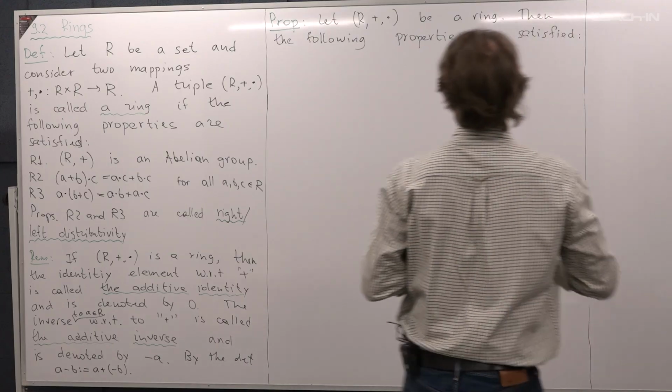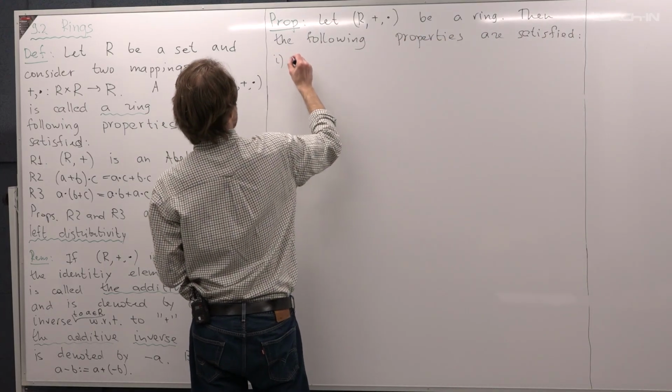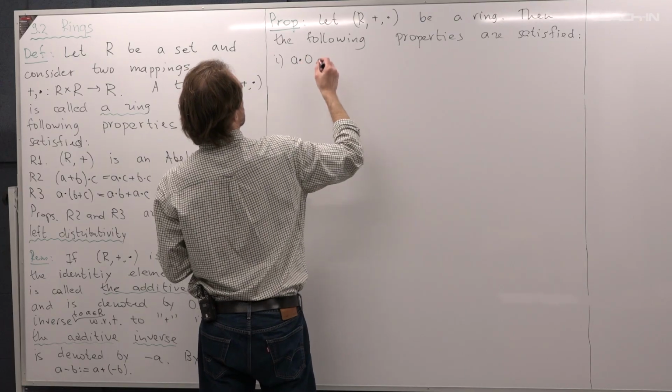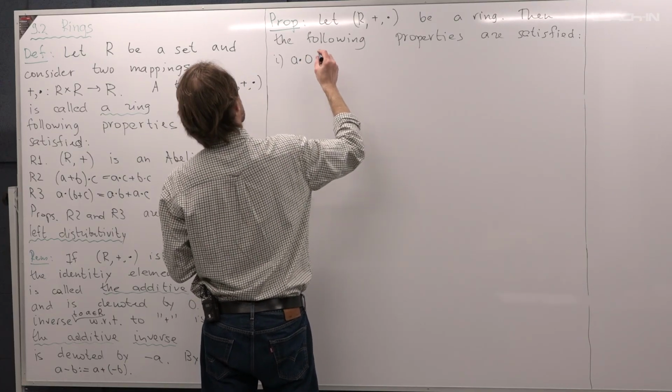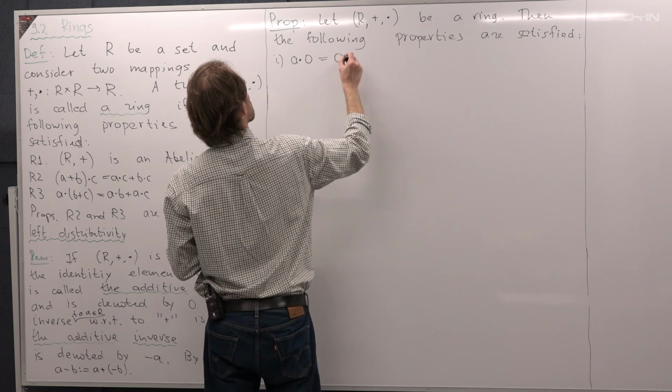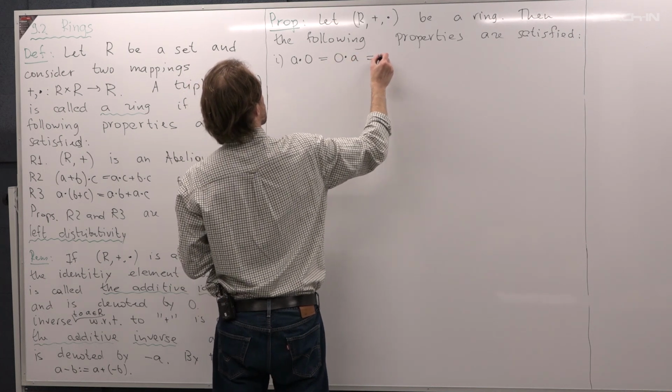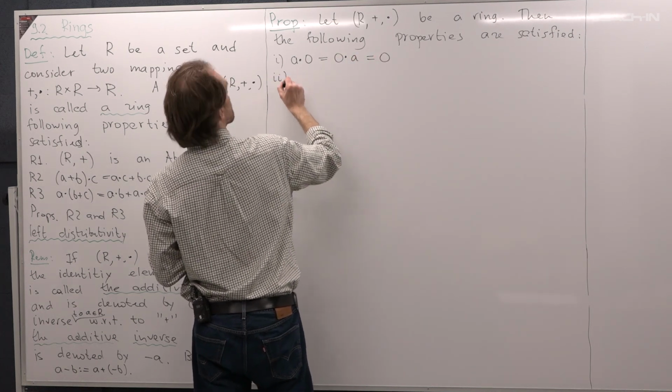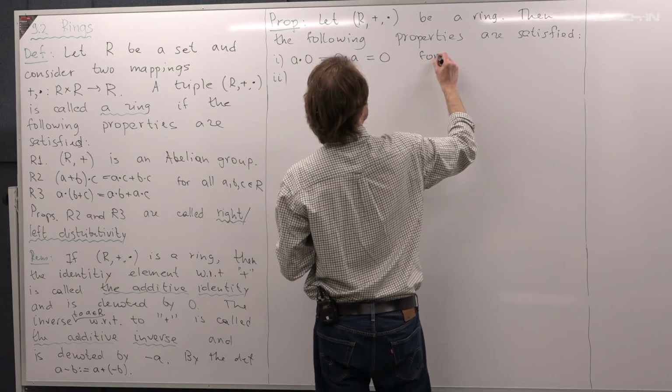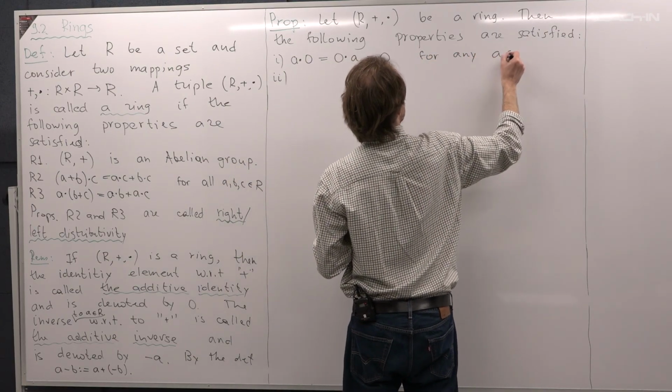The first property: a multiplied by the additive identity equals 0 multiplied by a equals 0 for any a from the ring.